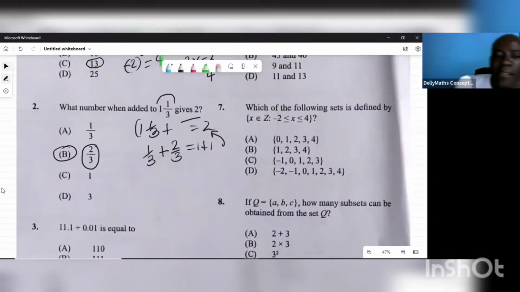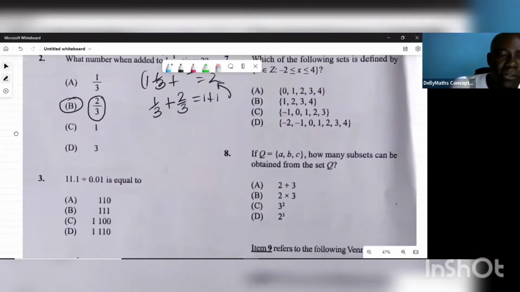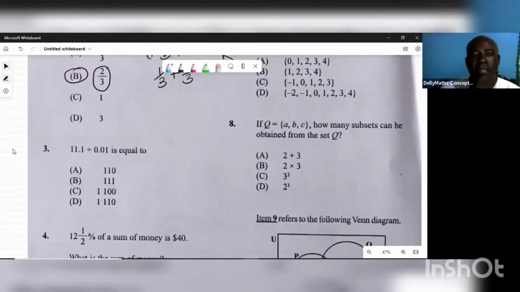All right, so the paper is like this. These are the sort of stuff. For example, look at this. We're dividing 11 by 0.01. Quickly, we're not going to guess anything, because check this out. Let me write this up for you and show you something.